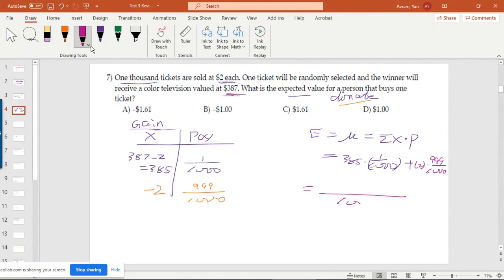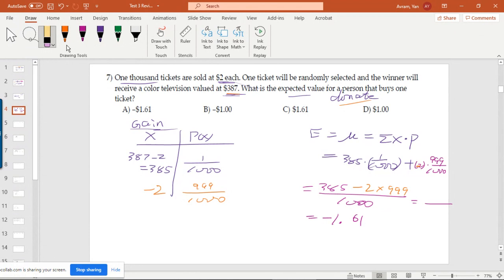How do you calculate this one right here? You can just multiply the numerator, and this is -2 times 999. So this one gives you a negative value in here. This will be -1.61.